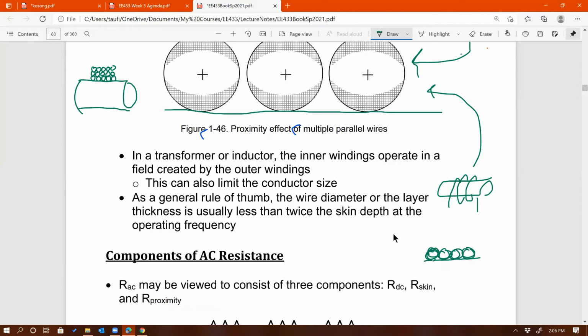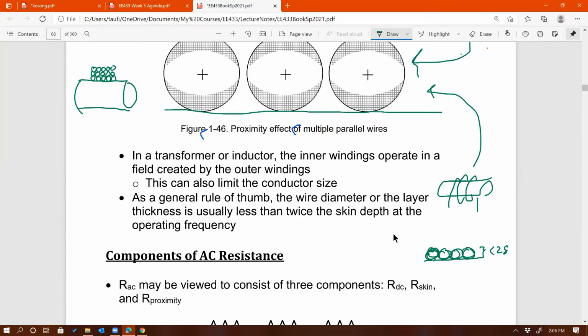According to this general rule of thumb, the thickness of this layer should be less than twice the skin depth. So what does it tell us about wire size? That means the diameter of the wire should be less than twice the skin depth.